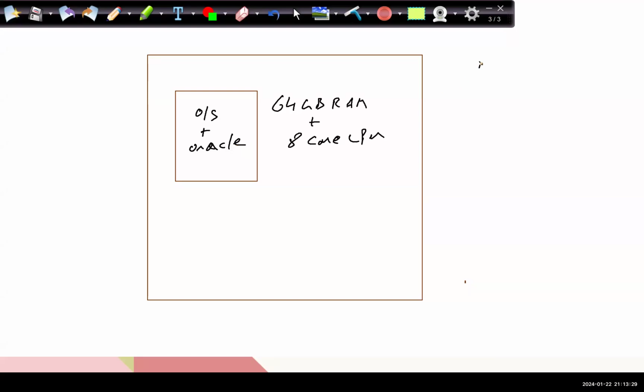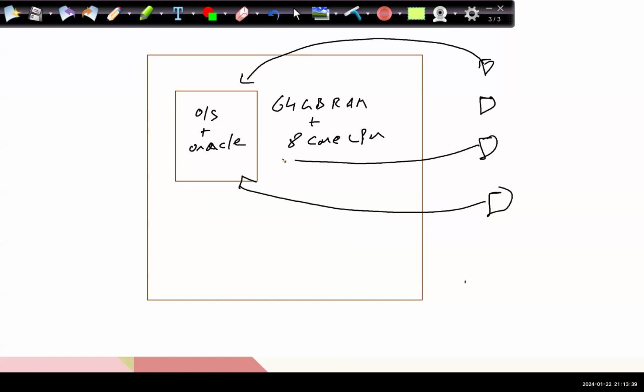We are assuming, let us say, there are 4 connections. These 4 guys are accessing and writing their data. It might need that. Now, my question is, is it always going to consume 100% of the resources?